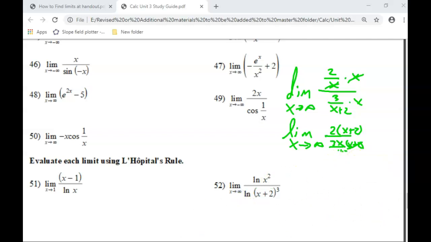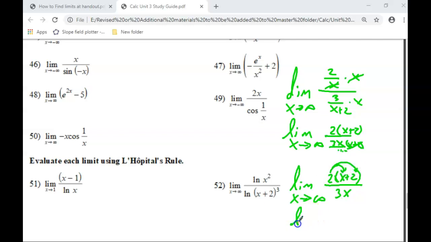And so now we have the limit as x approaches infinity of 2 times x plus 2 over 3x. We can distribute here.